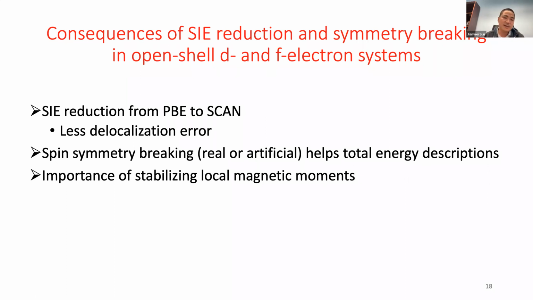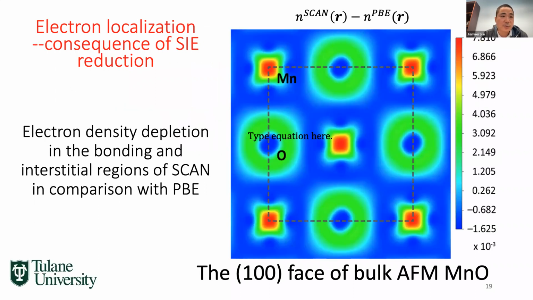This is what we see when you compare SCAN with PBE and LSDA for some transition metal and f-electron oxides, all right? Usually you can see that the magnetic moments from SCAN are much better than from PBE and LSDA.